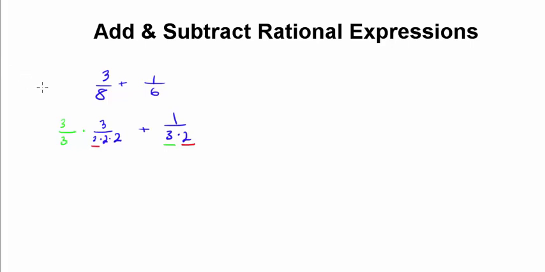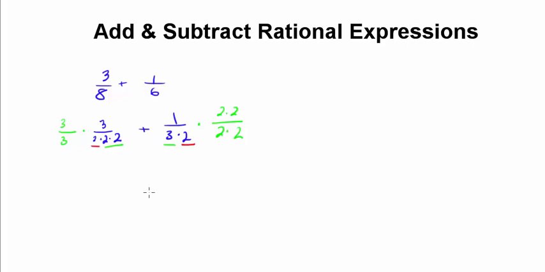So now I want to look at the 1/8, and it looks like I have not just one 2, but three 2's, and I need two more 2's with my 1/6. So 2 times 2 in my numerator and 2 times 2 in my denominator.